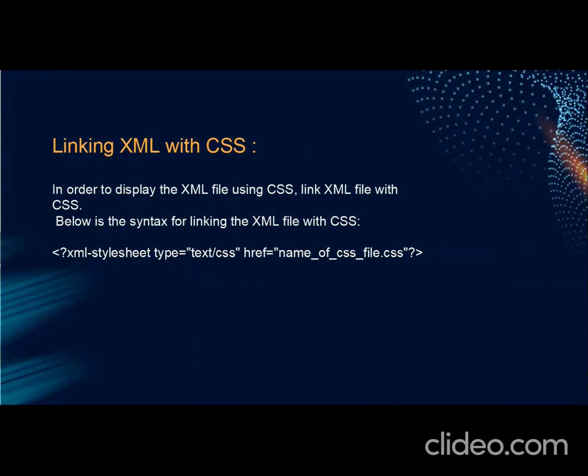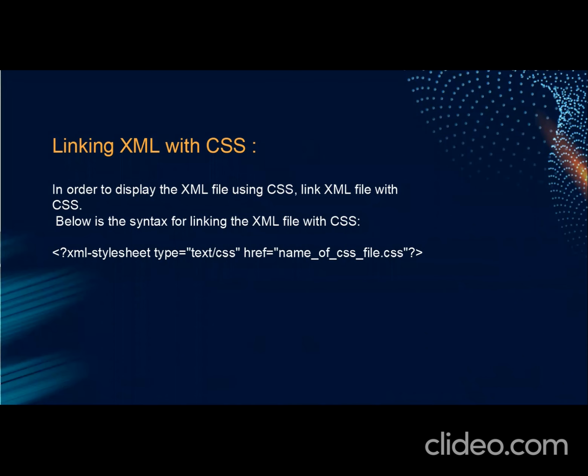Here we have to display the XML by using a link. That is, we can use the href attribute. It is an attribute, and we are using a text file here.